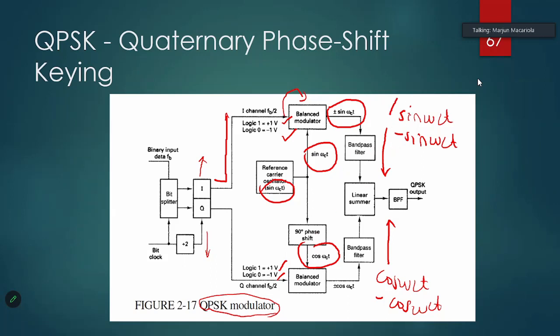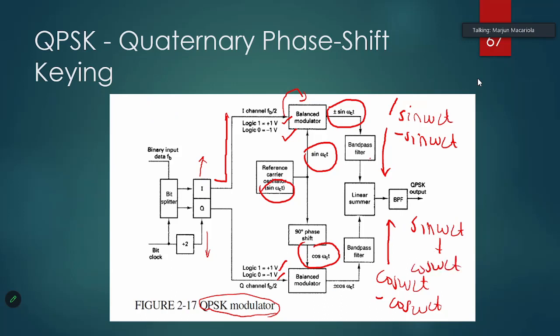Halimbawa, ang ating output ay sin omega ct. Kapag dumaan siya sa linear summer, at yung output nito ay positive cosine omega ct, ang gagawin po natin ay pagsasamahin natin sila. So, ang magiging output po ay sin omega ct plus cosine omega ct. Okay?